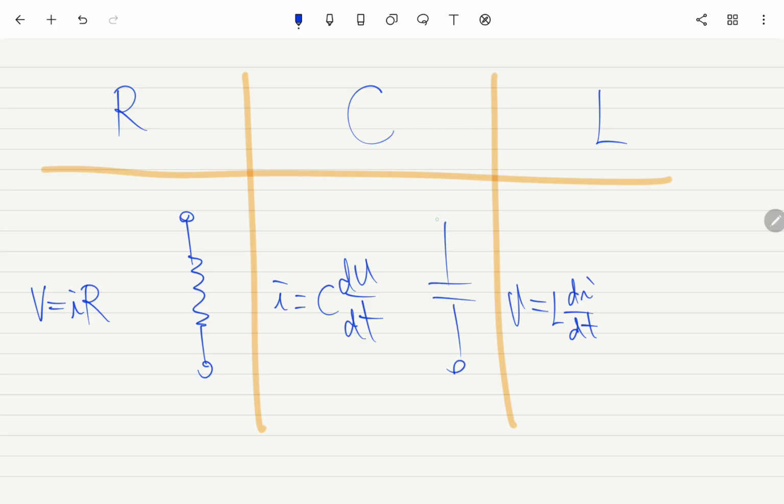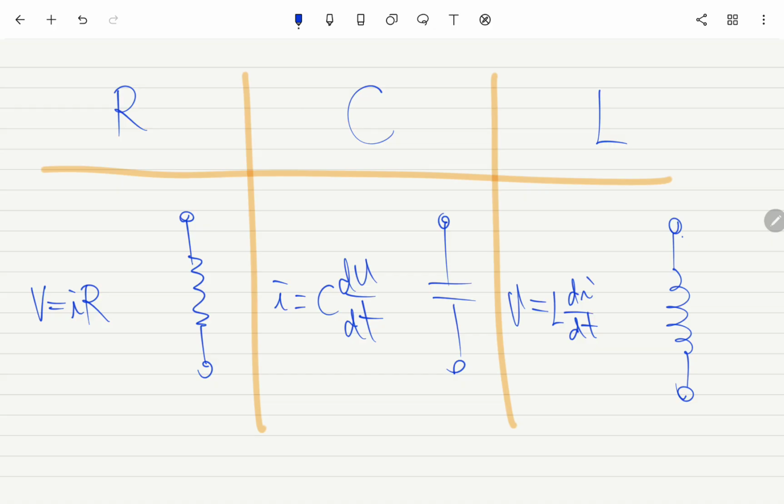This is C, and this is L. Of course there are three formulas, but you need to pay attention to the direction of the current. Otherwise, even though you know the formula, you may have an additional minus sign somehow.